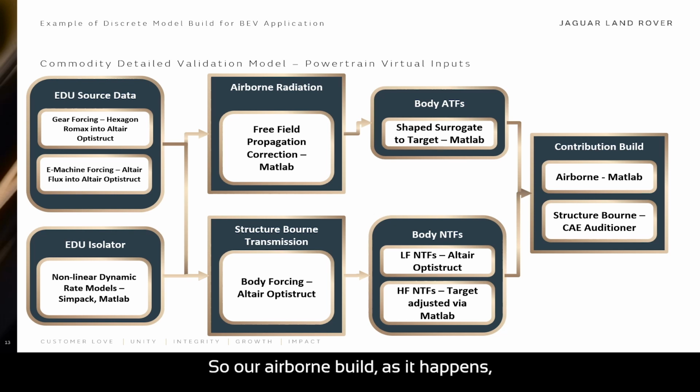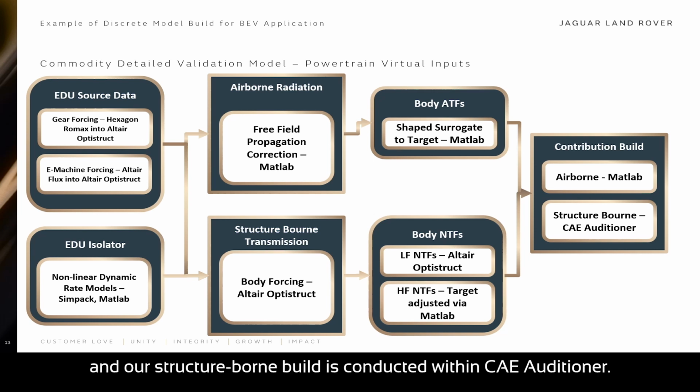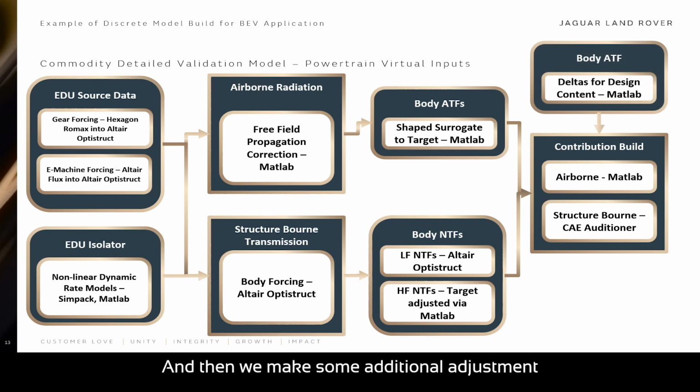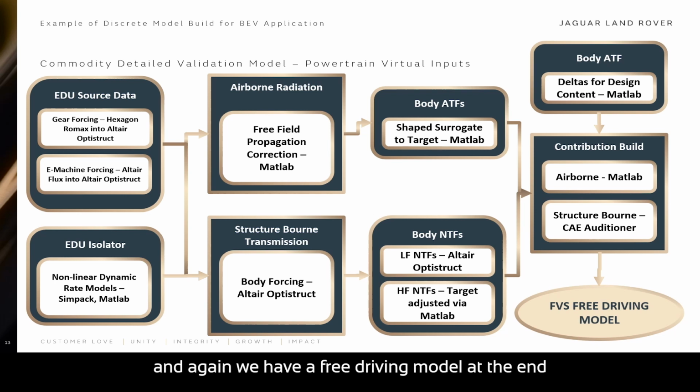So our airborne build, we run completely within MATLAB, and our structure-borne build is conducted within CA Auditioner. And then we make some additional adjustment for body ATF deltas in terms of our LDI within the mixer desk and the simulator model. And again, we have a free driver model at the end, run using Simulink.